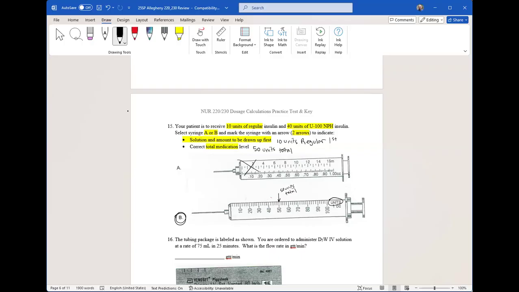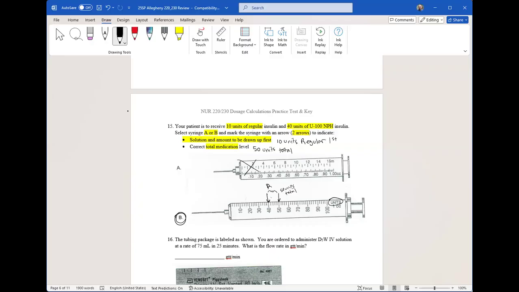So what they're asking you to do in this question is to indicate, even though in reality this is not the case because everything mixes together, that the regular insulin is here between these two arrows, the 10 units of regular.